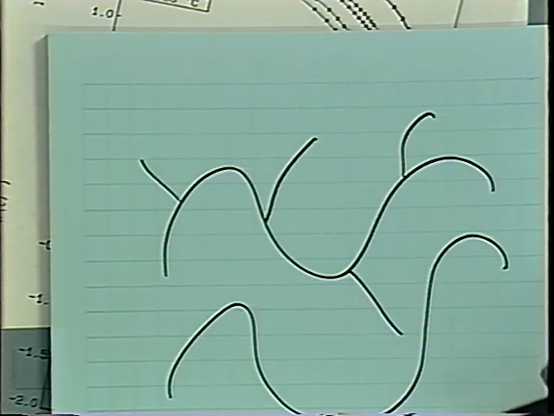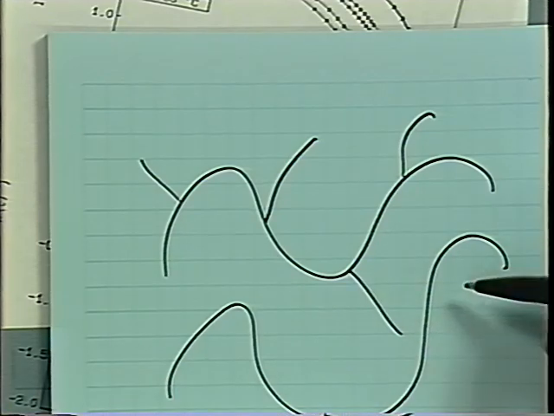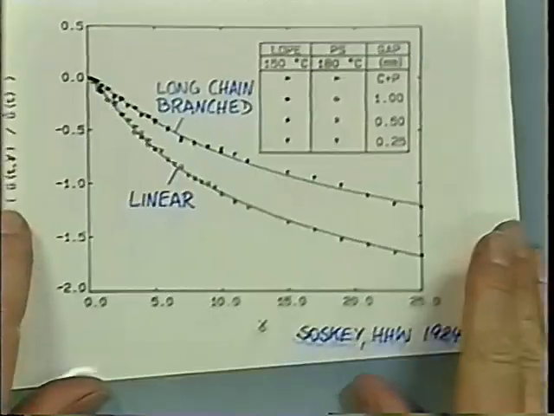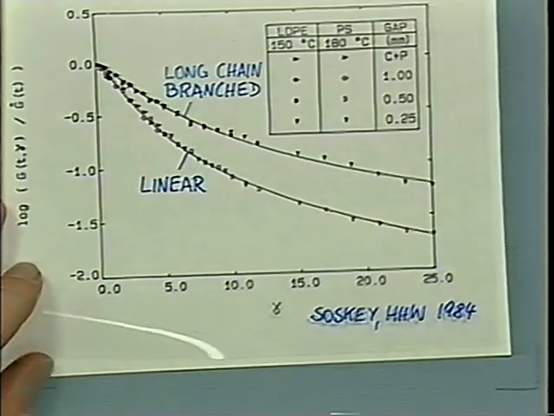So the large strain behavior will be very different for a linear molecule and a branched molecule, and Soskey found that in the strain function, which was a very interesting piece of information.